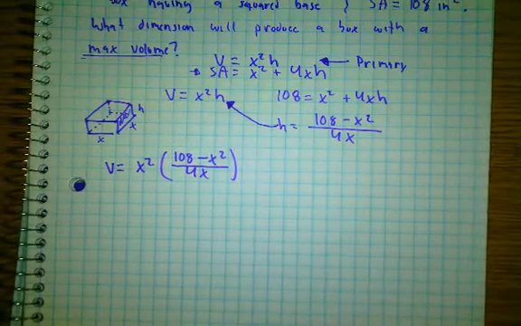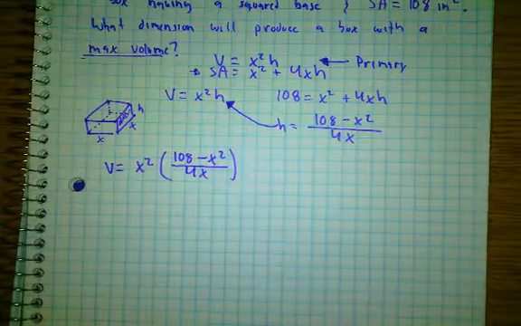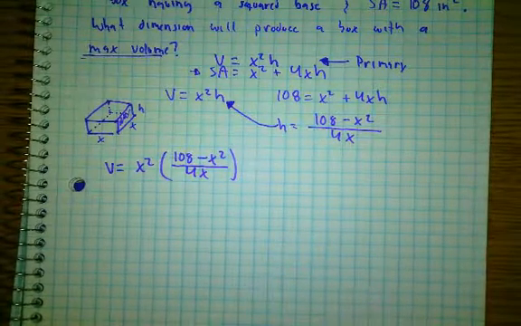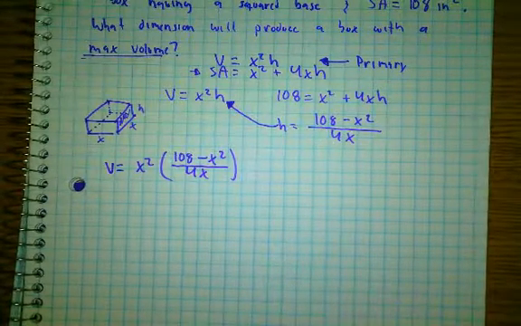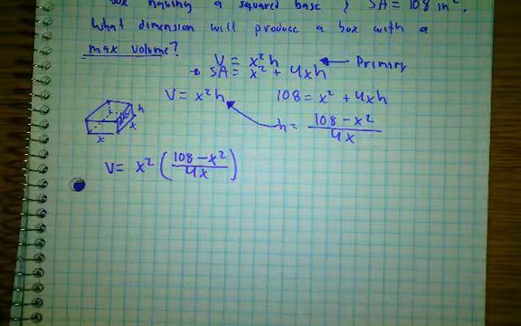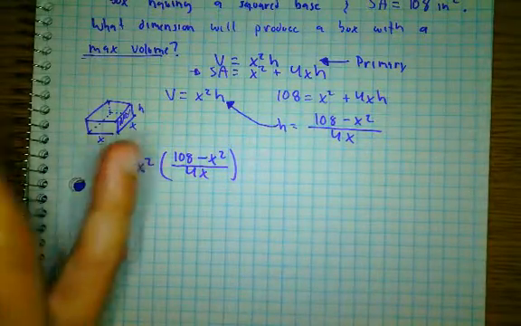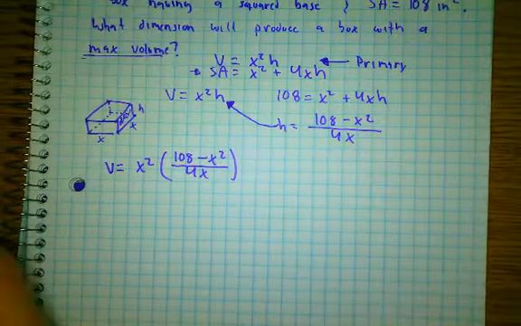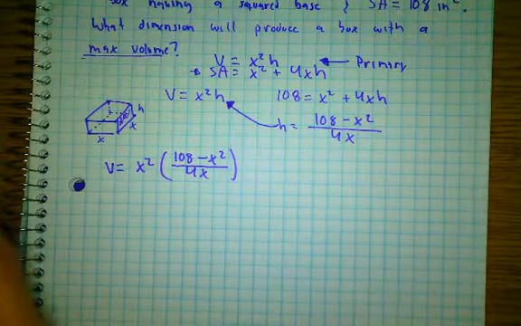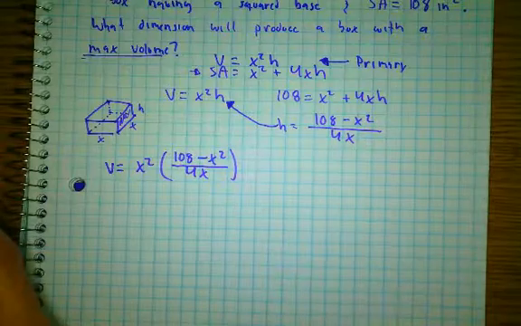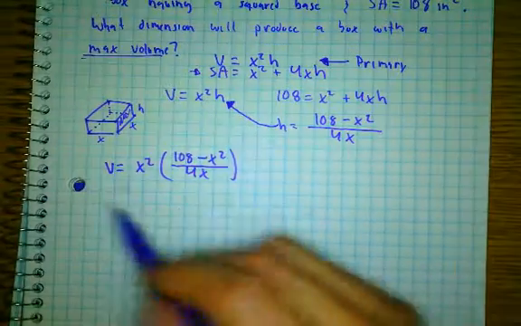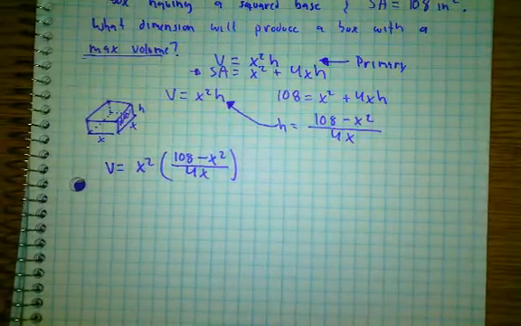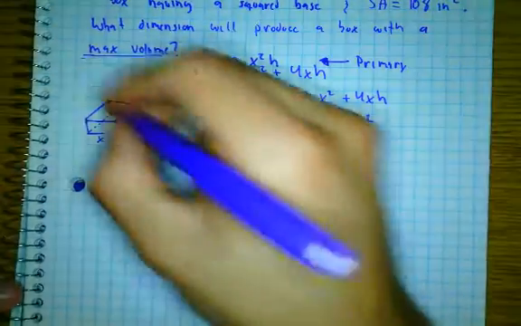Okay, before we begin to do any sort of calculus in this, remember that we talked about setting domain restrictions. Agreed? We're in terms of x. You guys with me? If I'm looking at this problem, in order for me to have a box, what is the lowest value that you can have for x?